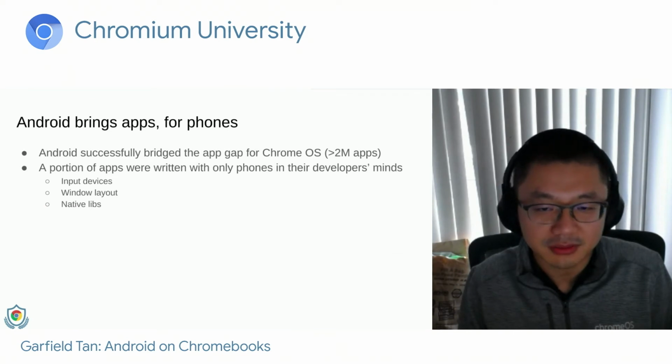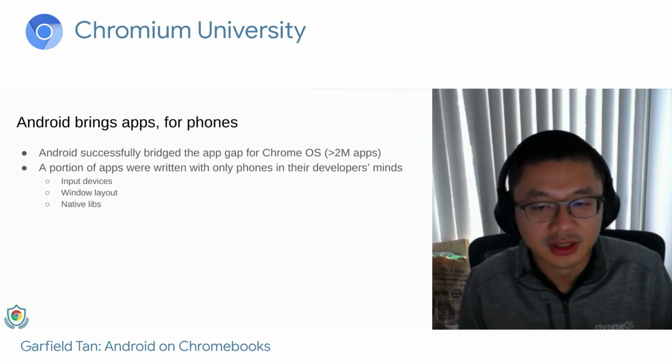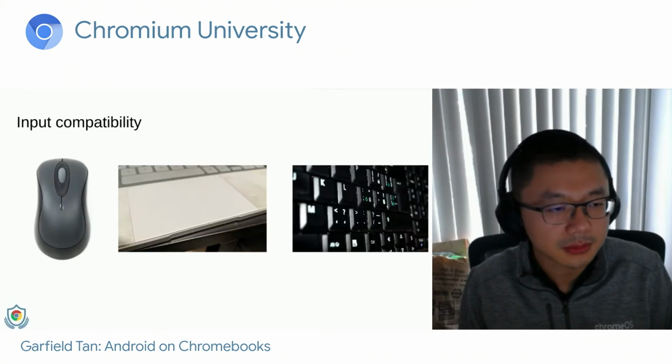We'll talk about three important aspects we would like Android developers to do better if you want to better support Chromebooks. First of all, it's input compatibility. Many apps just don't handle mouse and keyboard events.